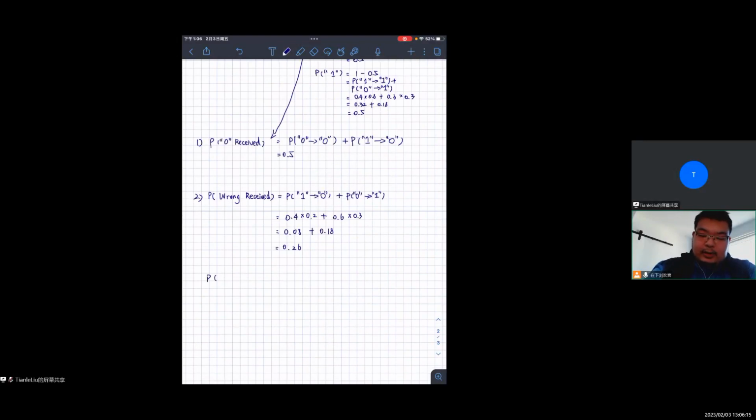Just like the wrong received, we just need to find the probability from 0 to 0 plus probability of 1 to 1. So this will be the right received.